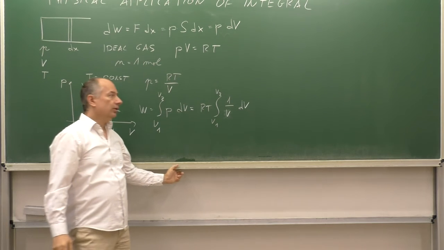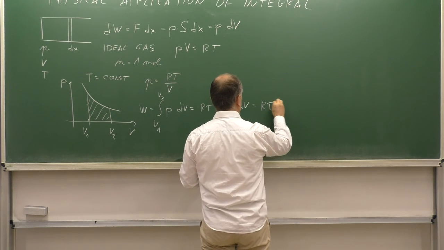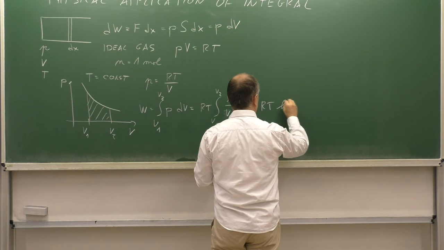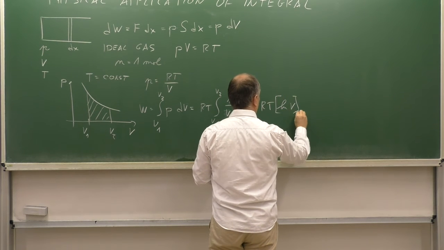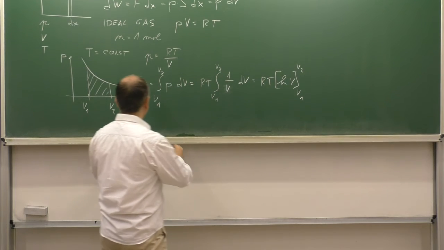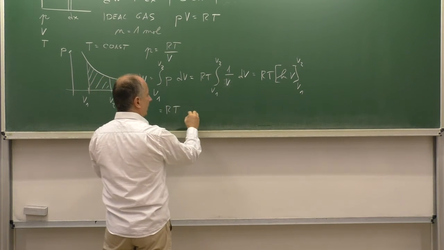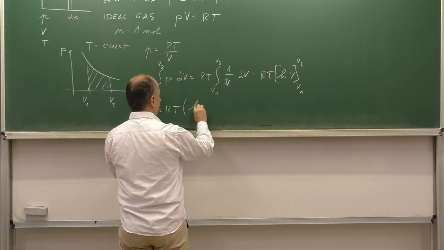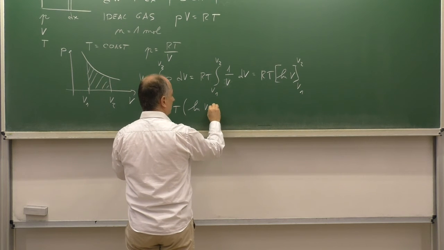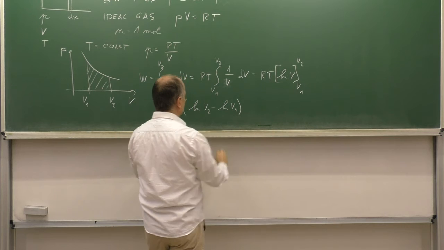And this is easy to integrate. The antiderivative is logarithm, from V1 to V2. So we have RT times logarithm V2 minus logarithm V1.